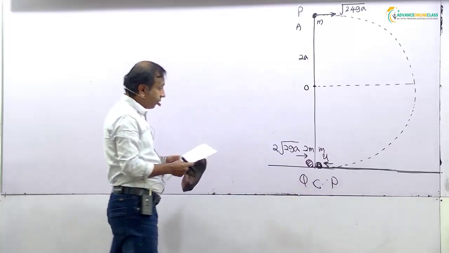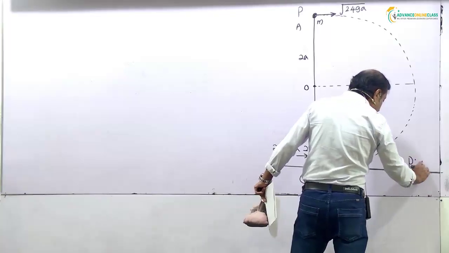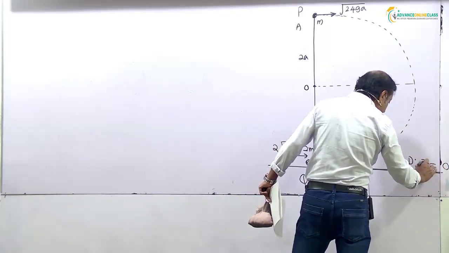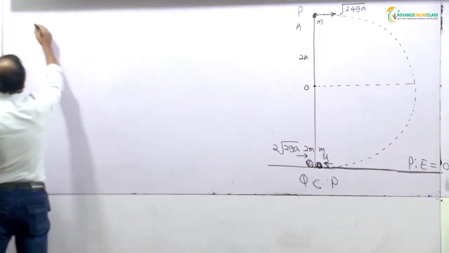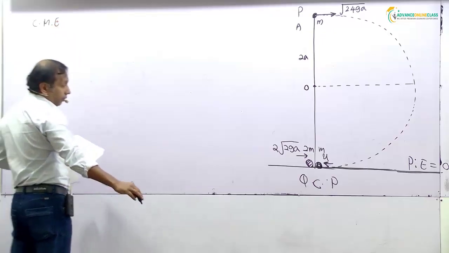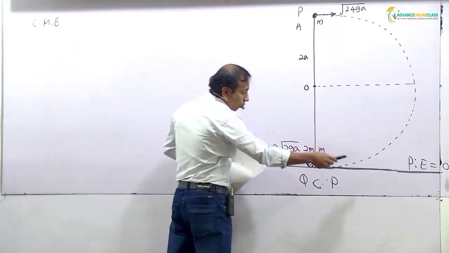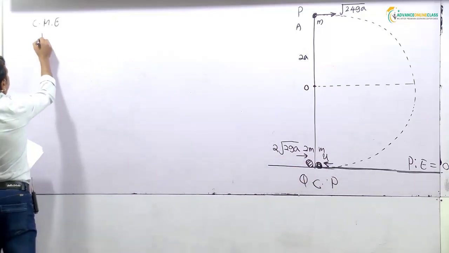We apply conservation of mechanical energy, taking this level as potential energy 0 level. Here, total energy, no potential energy, only kinetic energy, half mu squared.